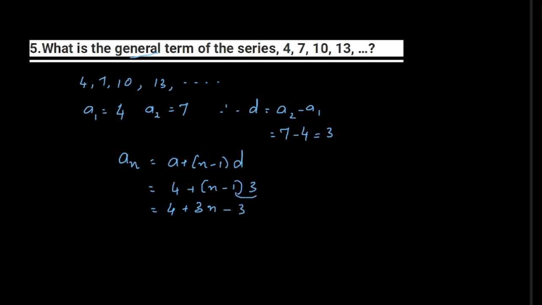That is 4 plus 3n minus 3, which is 3n plus 1. So the general term of this AP is an equal to 3n plus 1.